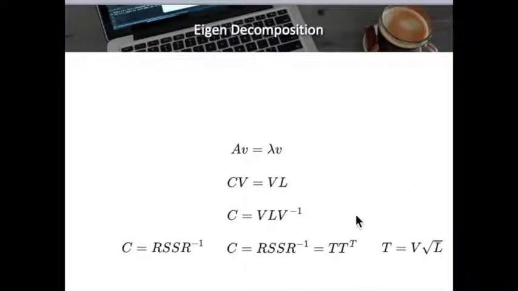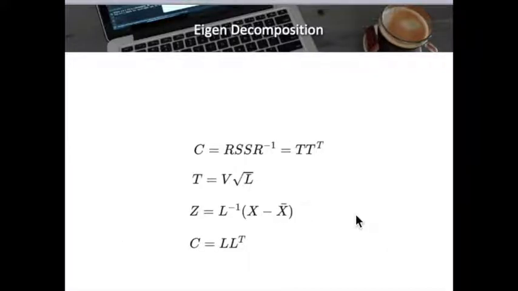And we can now use the Cholesky transformation, where we set Y equal to L to the power of minus 1 times x minus the mean of x, to compute the transformation matrix. Here L represents the Cholesky factor of C, where C equals L times L transpose.